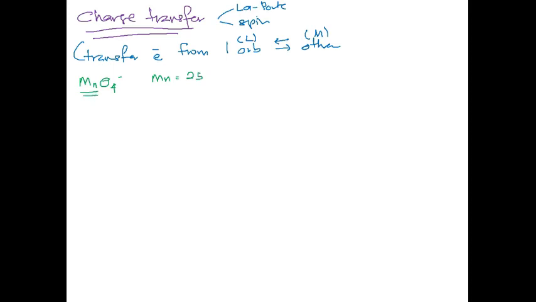So you have to find the oxidation state of the Mn, where you know your oxide is -2 charge. So you have 4 oxygens times -2, plus your metal, and this will equal -1.